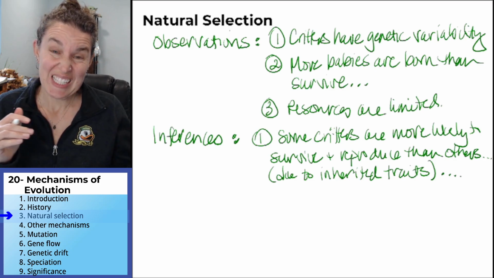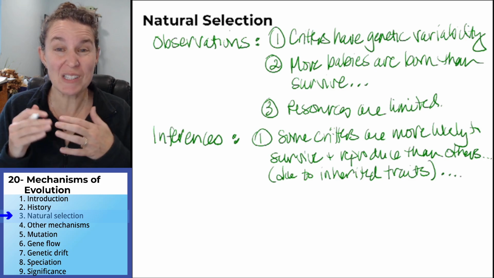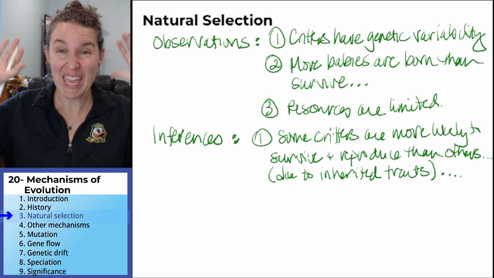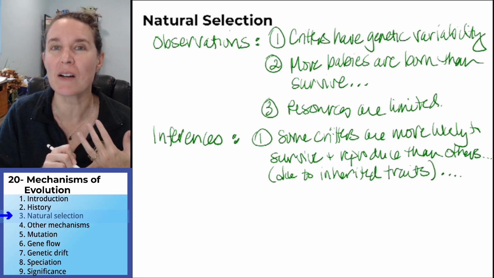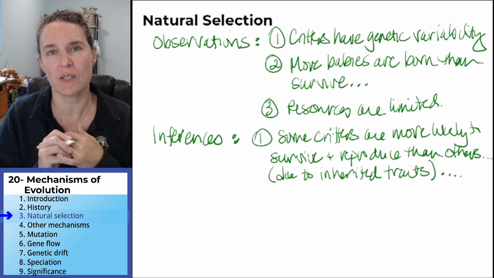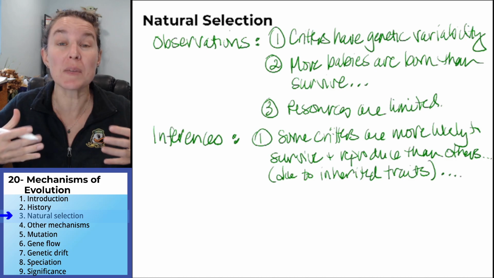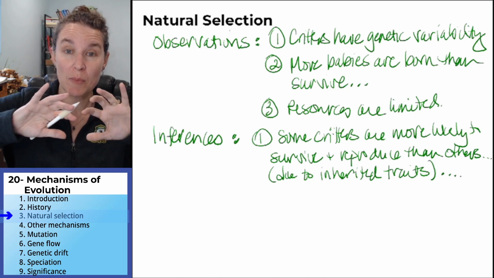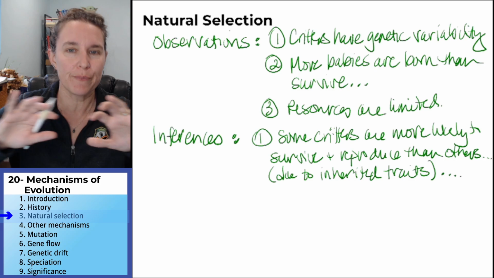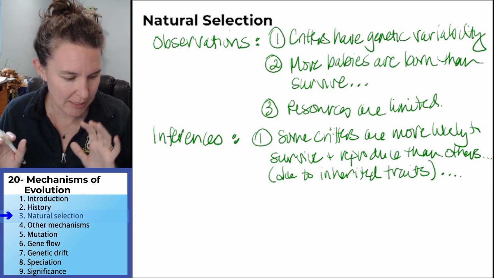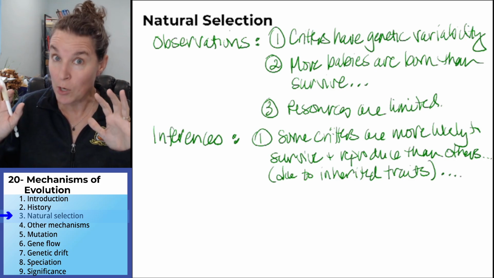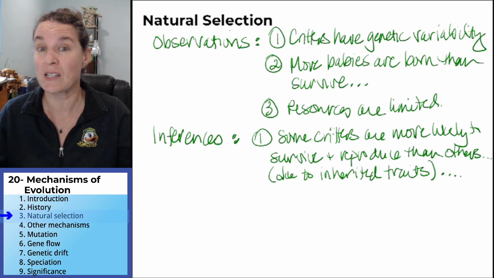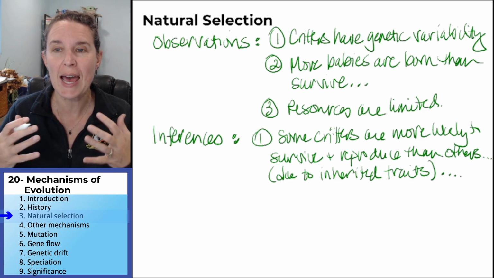So some are more likely to make it. Some are going to be better at harvesting food, so they're more likely to make it. Some are going to be stronger and are going to be able to fight things that come in to steal their homes. Some are going to be able to fight and protect their own offspring.